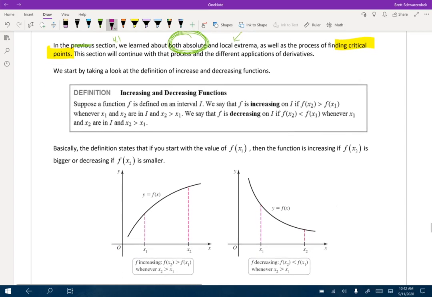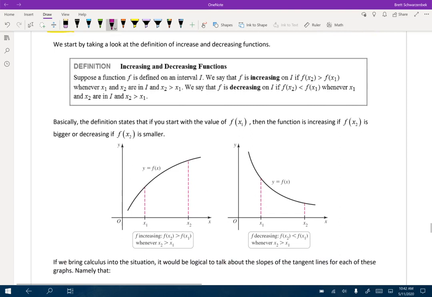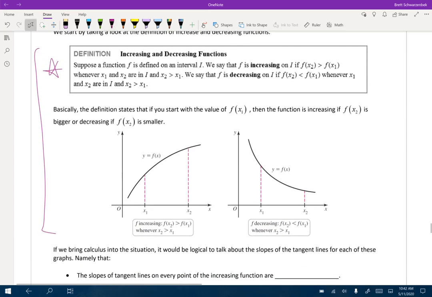But we start with the definition of an increasing and decreasing function. The definition's a little involved, but if I was to summarize it in the best way possible, a function is defined as increasing if you take an x-coordinate and find your y value at that x-coordinate by plugging into the function.